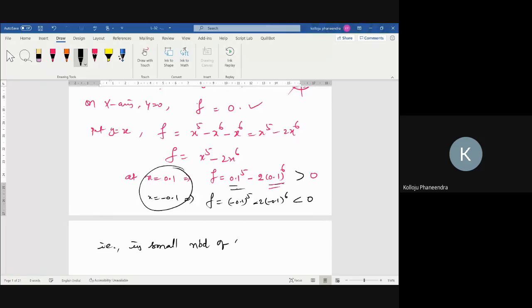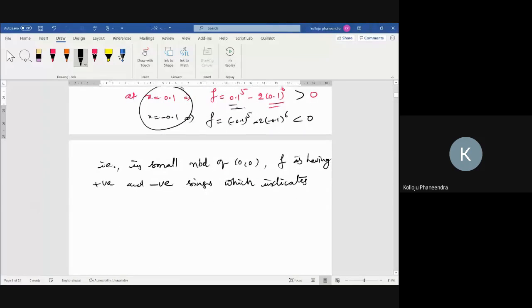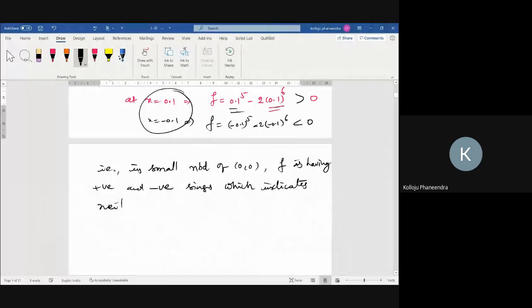In a small neighborhood of (0, 0), f has nothing but oscillating behavior. f has positive and negative signs, which indicates it is neither an increasing function nor a decreasing function.